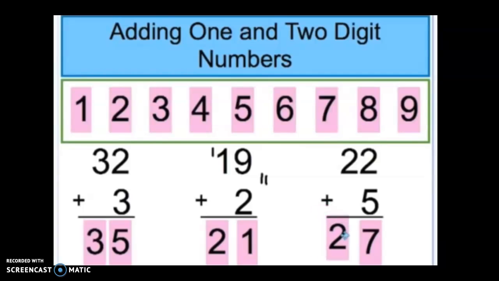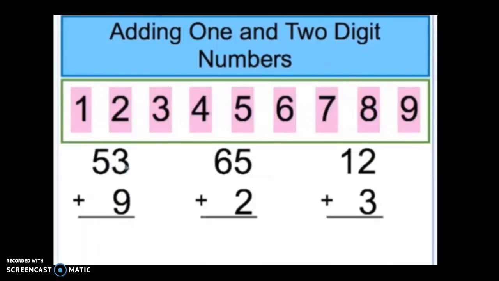Did you come up with 27 on this one? 3 plus 9. Here we're going to have to carry from the ones to the top. So I can bring my 2 from the ones place, and I have to carry over that 1.